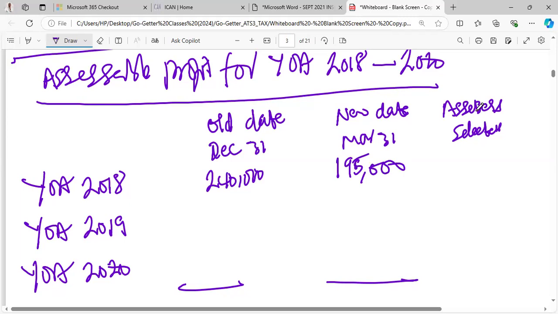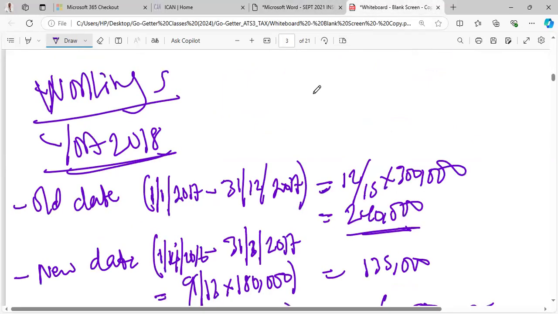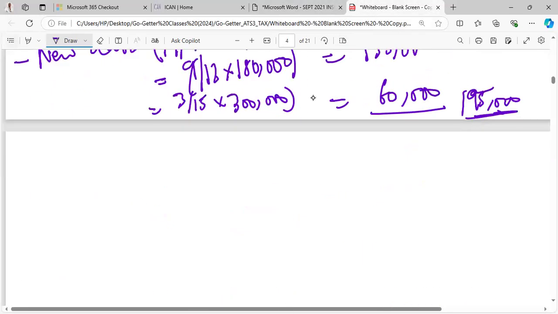Okay, so the next one is 2019. So we'll do the workings for 2019. So this is year of assessment 2019.